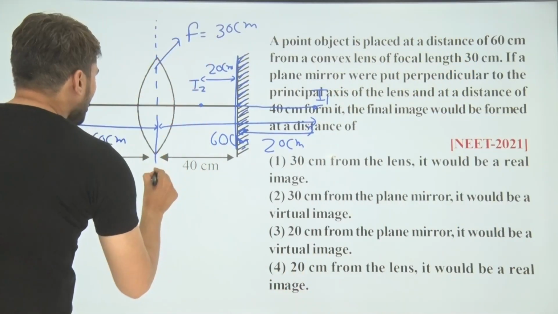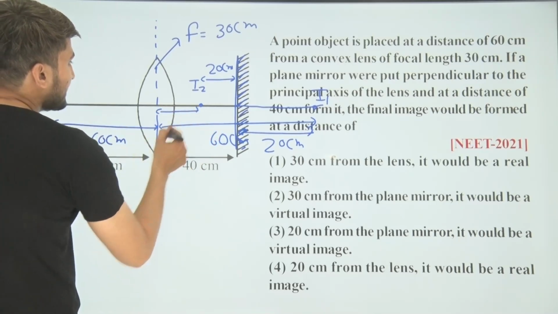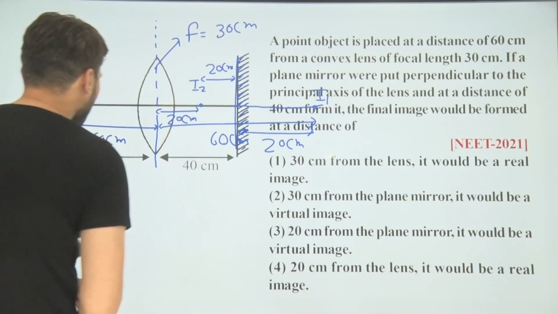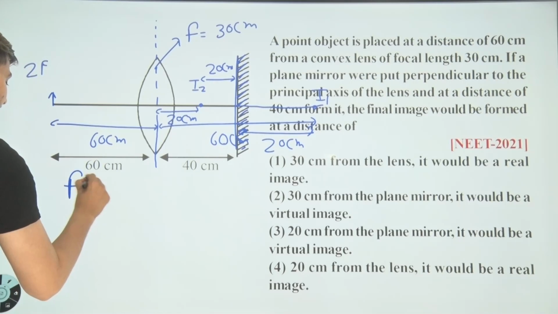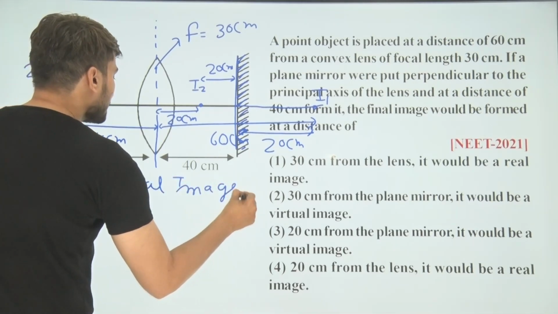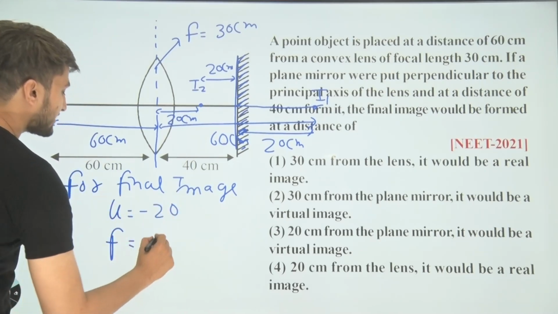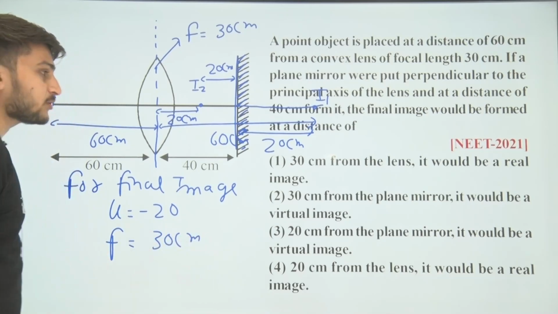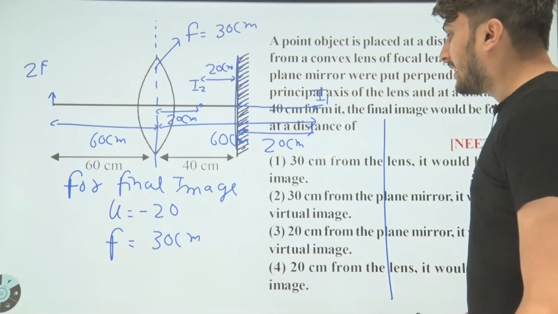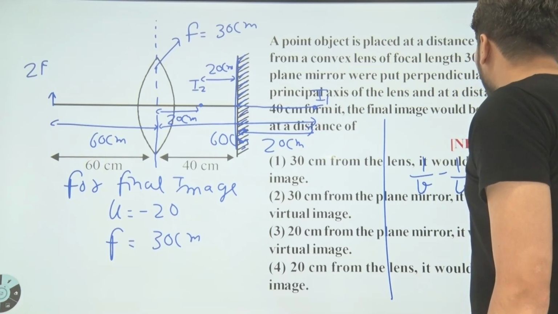If I am talking about U, the distance of the object from the lens, it is 40 minus 20, so this one is 20 centimeter. For the final image, the value of U is equal to minus 20, and the focal length is given as 30 centimeter. So for the final image, by the lens formula, 1 upon V minus 1 upon U is equal to 1 upon F.